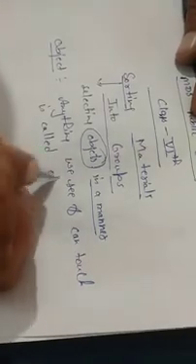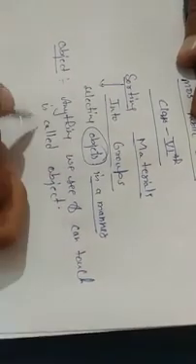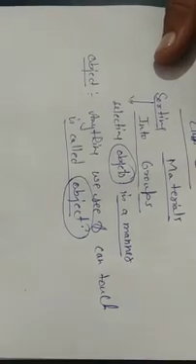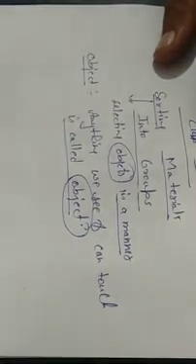Objects are made of some materials, which we will also discuss. So, anything you see and can touch is called an object. You can see around yourself and touch those things; those are objects.